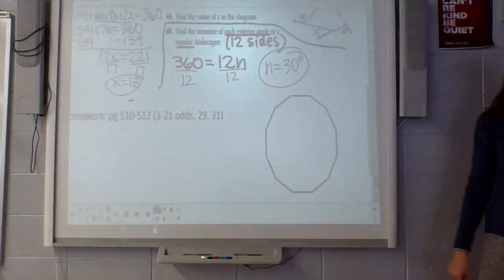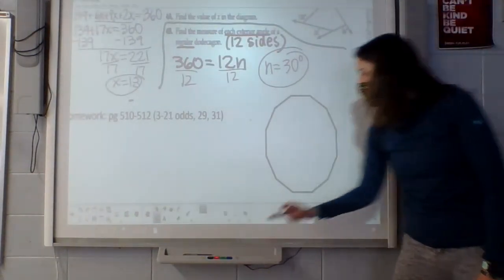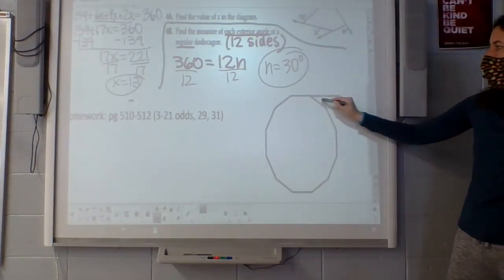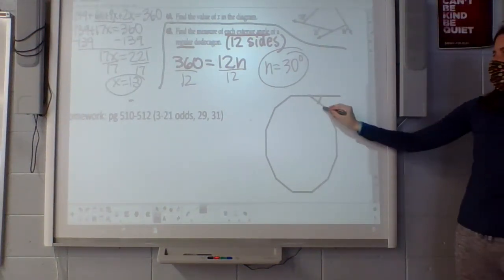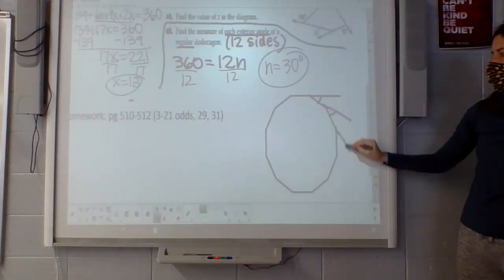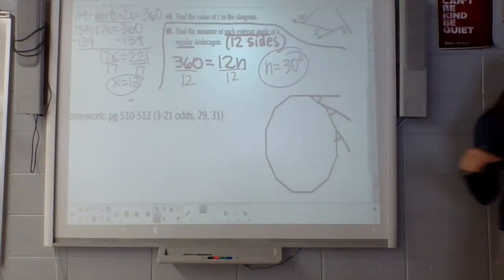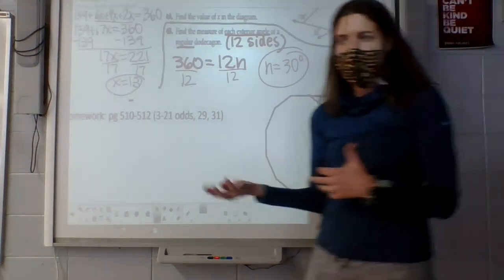The interior angles are huge, so the exterior angles are these tiny little 30-degree angles.